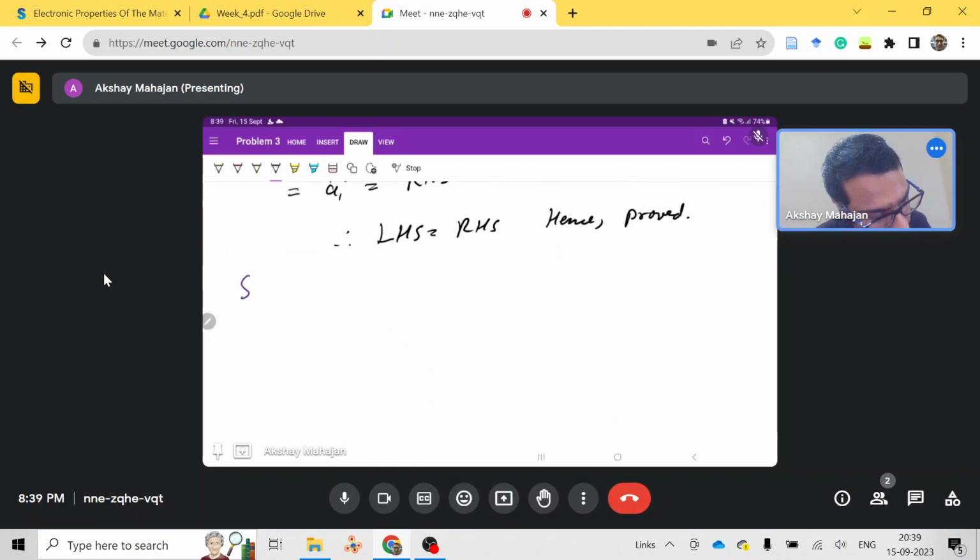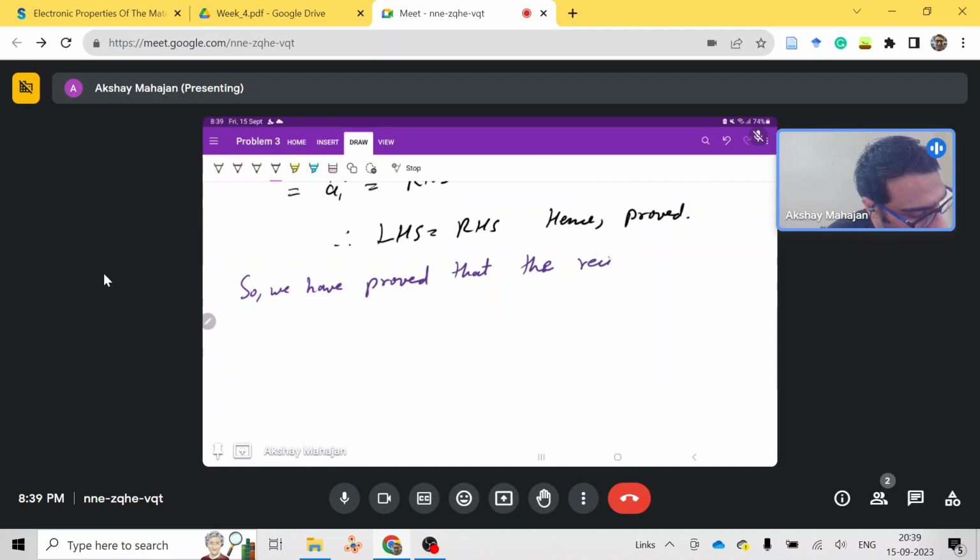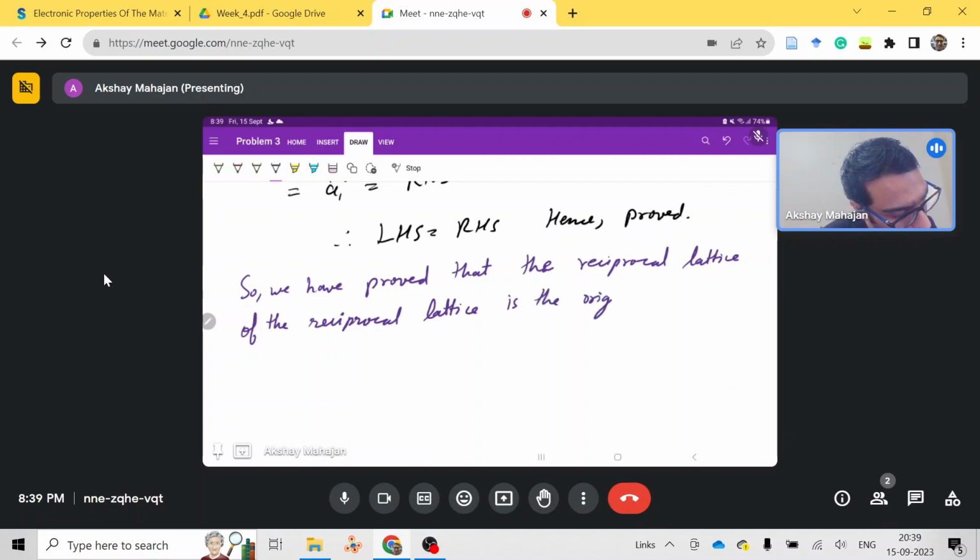So basically what we have proved here is that the reciprocal lattice of the reciprocal lattice is the original lattice.